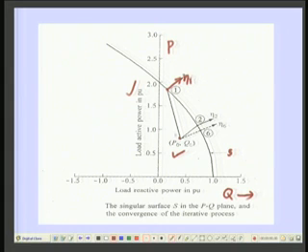Then again go back to the initial loading condition and stretch the load in the direction parallel to this normal. You reach this point 2. Once you reach point 2, again you find the normal at this point, eta 2, and then again go back to the initial condition and stretch the loading in the direction parallel to the normal.